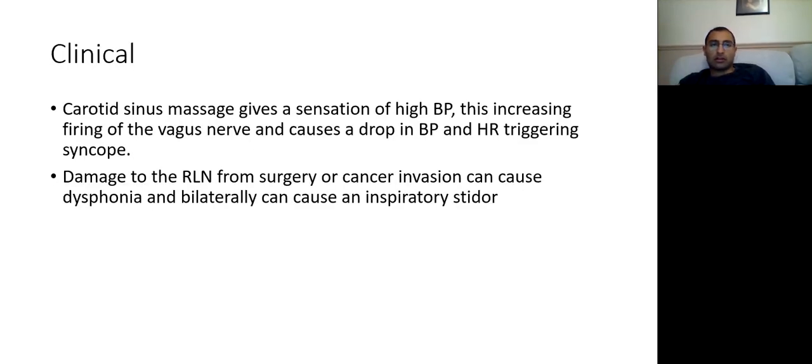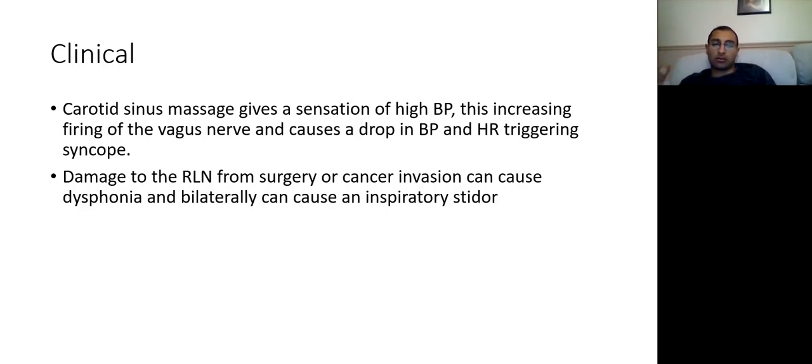And then, clinically, the carotid sinus: when someone is in SVT, a narrow complex tachycardia, one thing we can do is a carotid massage. This gives a sensation of high blood pressure and increases the firing of the vagus nerve to cause a drop in blood pressure and heart rate.